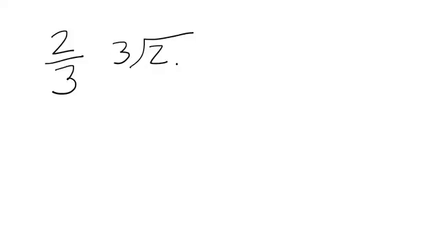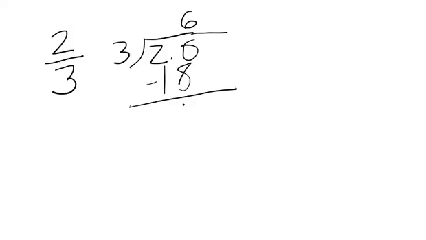So 3 doesn't go into 2. I'm going to add 0.0. 3 does go into 20. It goes into 20 6 times. 6 times 3 is 18. I'm left with 2. Add another 0. Bring it down. 3 goes in there 6 times. 6 times 3 is 18.